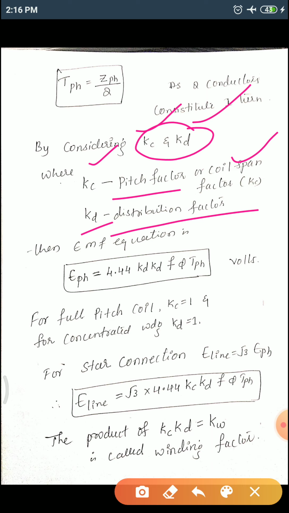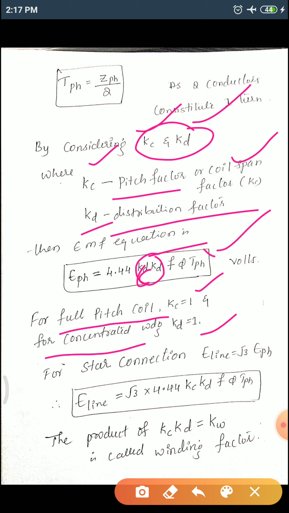When you consider them, your EMF equation will be E_ph equal to 4.44 K_c K_d fΦ T_ph. For a full pitch coil K_c will be equal to 1, and for concentrated winding K_d will be equal to 1. This is the EMF equation of an alternator.